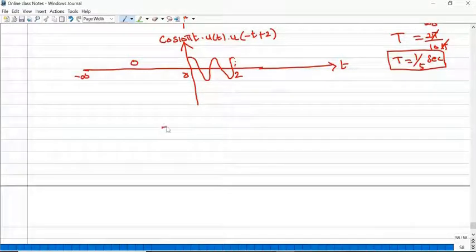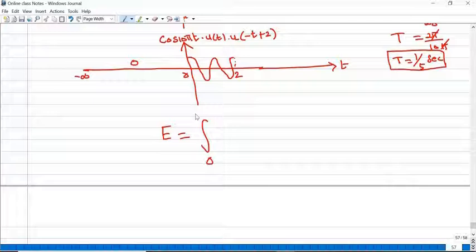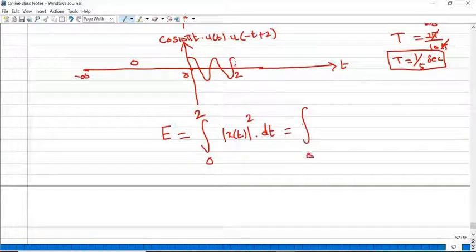Now find the energy of the signal. Energy equals the integral from 0 to 2, because from 0 to 2 only the signal exists, of x of t squared dt.